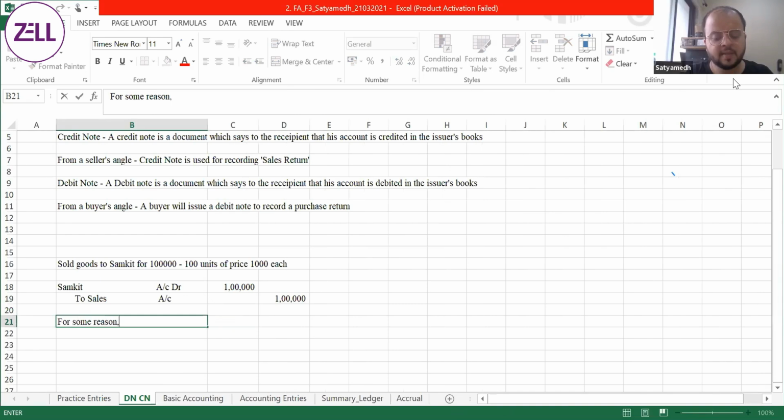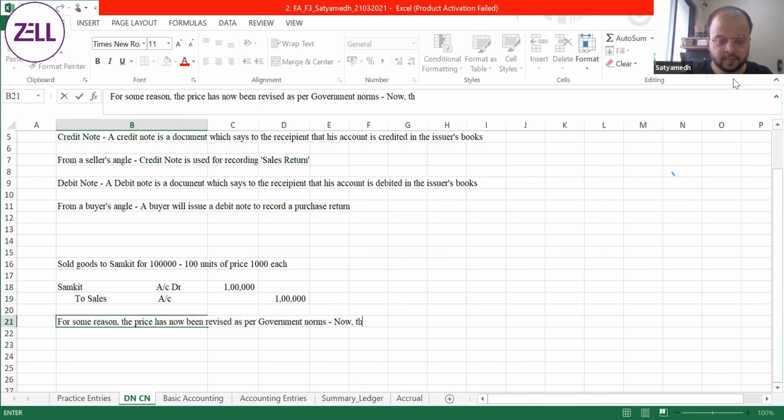For some reason, the price has now been revised as per government norms.